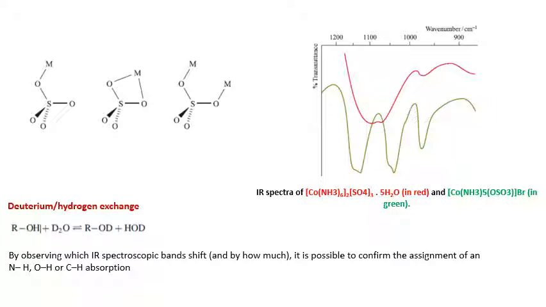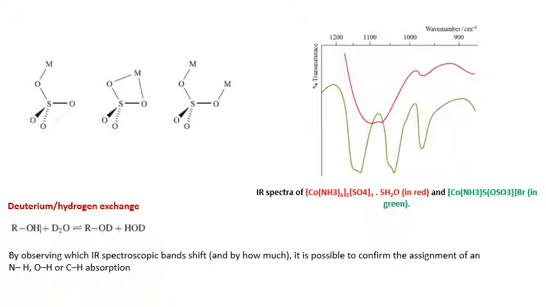As shown here, D2O reacts with ROH or RNH rapidly to give ROD and HOD. And therefore, the position of the OH band and NH band will shift to lower frequency.